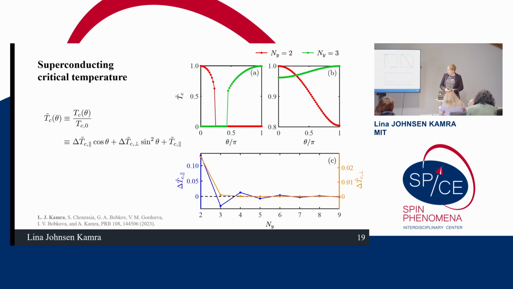The second term is the sine squared term, that is if we consider parallel versus perpendicular, and we also get a contribution from that, but it is much weaker and it just decays without oscillations.